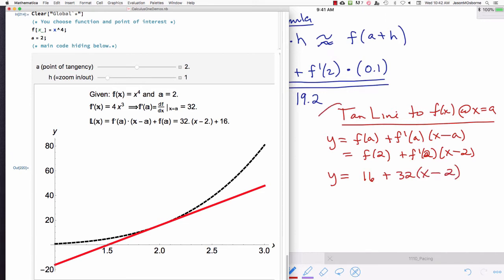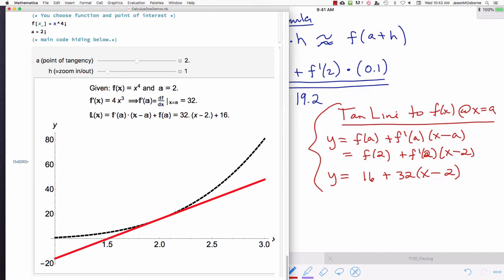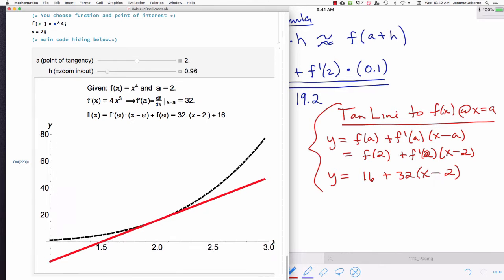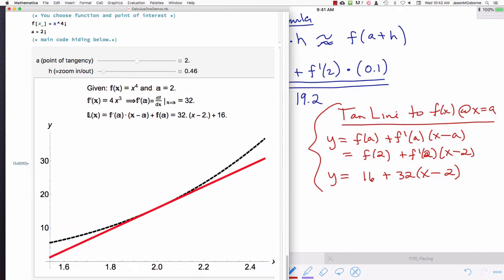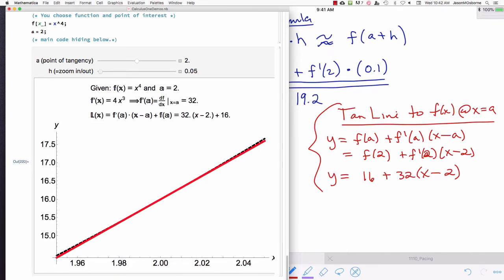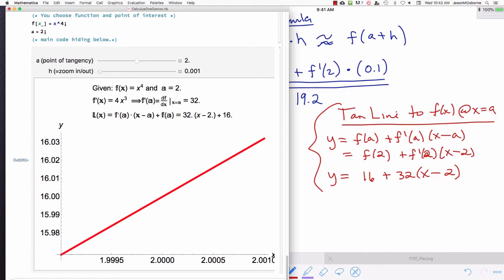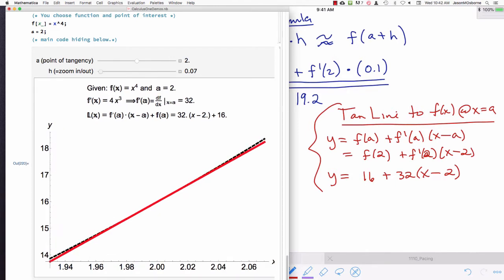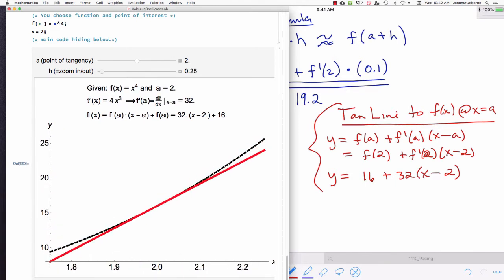So you can see in this picture that at the point of interest 2, we've got a tangent line. And the whole idea of differentiability is that if you zoom in and zoom in on this function, the tangent line is a good approximation of the function. When I zoomed out a little bit, there is a difference between the function and its tangent red line.